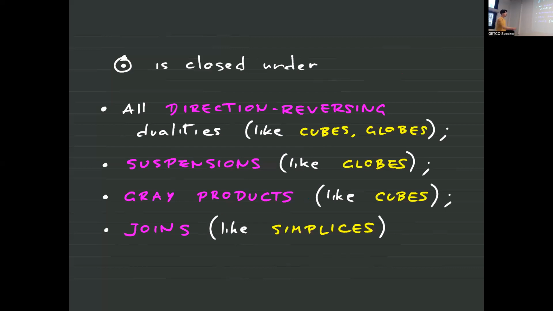It is closed under Gray products, which are the directed version of Cartesian products, shared only with the category of cubes. And it is also closed under a directed version of the topological join operation, which it shares only with the category of simplices. So somehow, all these closure properties, where with simpler shape categories you have to pick one, in this case you just take them all.